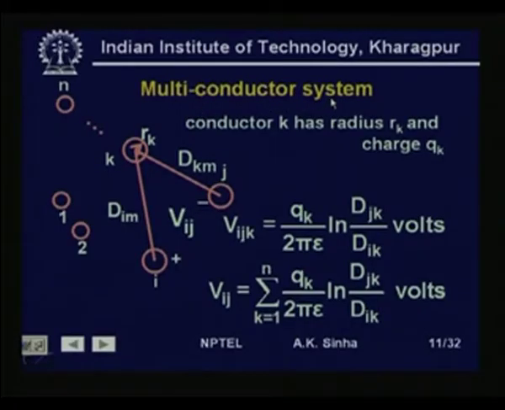Now, since we have found out the electric field strength and the voltage between any 2 points for any charged conductor, we can extend it to a multi-conductor system. Let us say that we have a system of n conductors with any conductor k having a radius rk and a charge qk per meter length of the conductor.